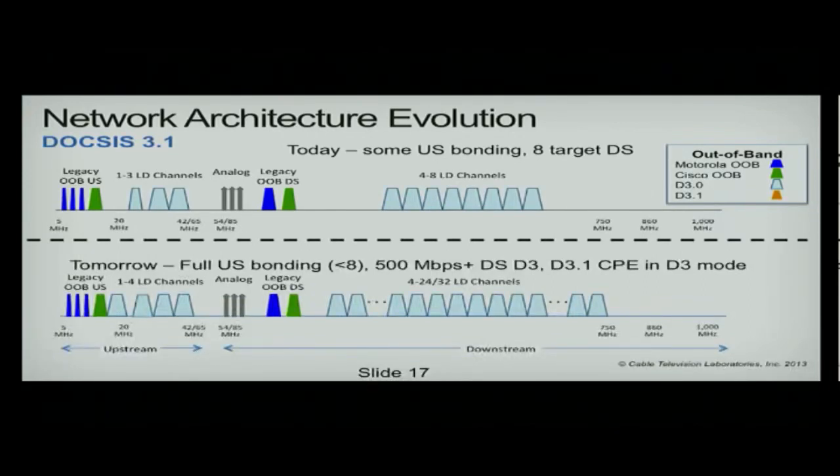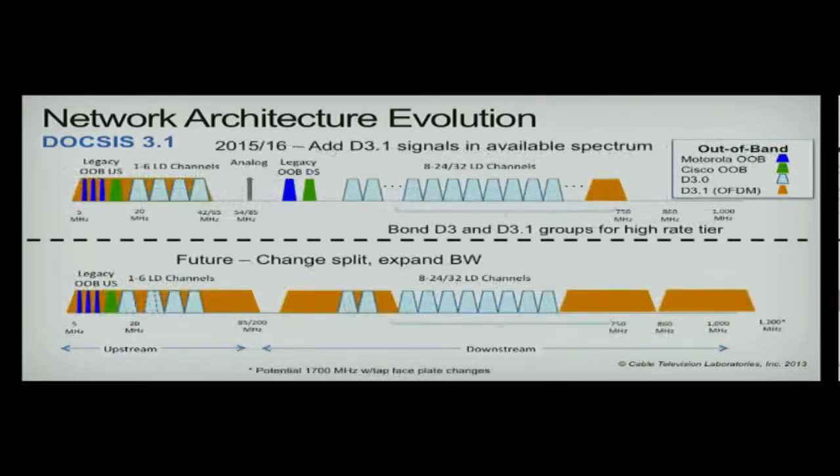And over time, we're going to see more DOCSIS 3.0 channels being turned on. That's the tomorrow graphic at the bottom. And there's channel bonding across all of these channels as well. And the idea would be, over time, the orange channels are the new OFDM channels.